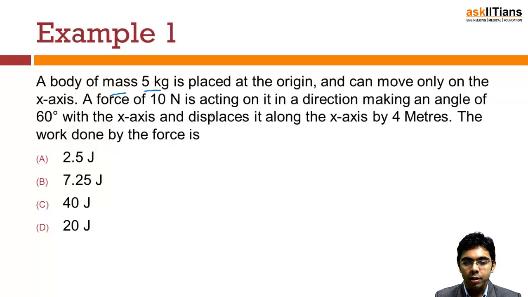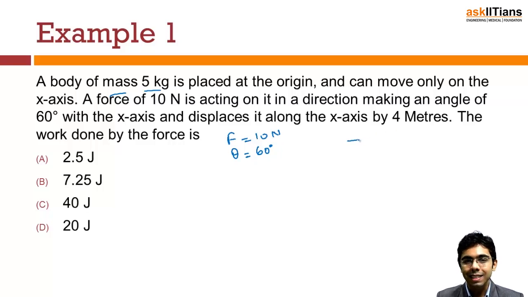Now a force of 10 Newton is acting on it in a direction making an angle of 60 degrees. So force is given to us as 10 Newtons, making an angle of 60 degrees with the x-axis, so theta is given as 60 degrees, and it displaces the body along the x-axis by 4 meters.